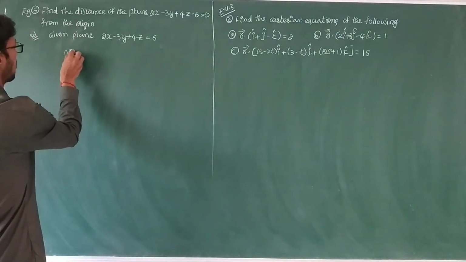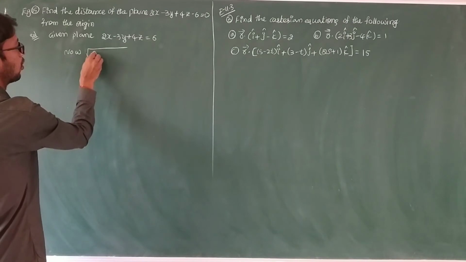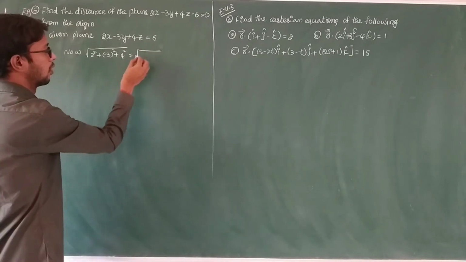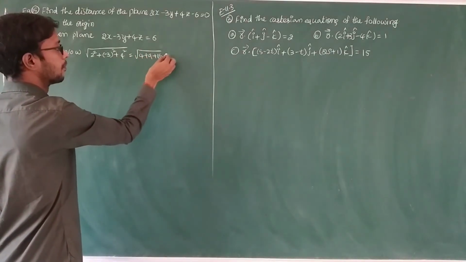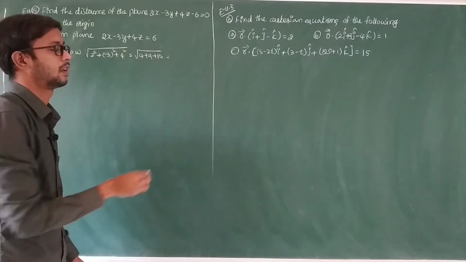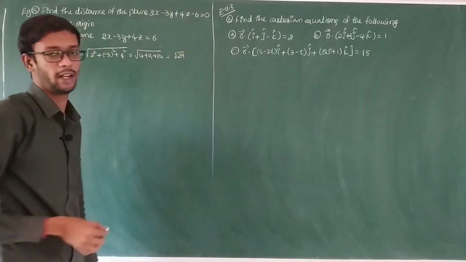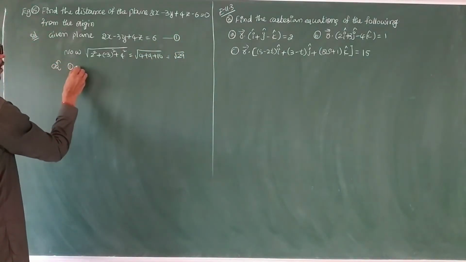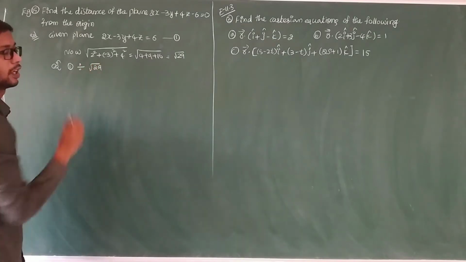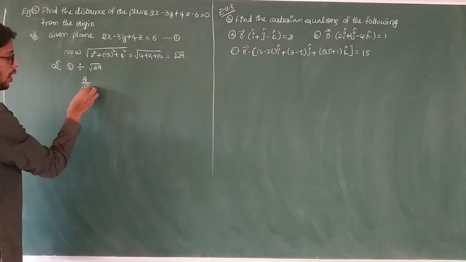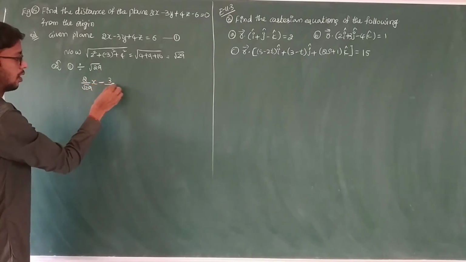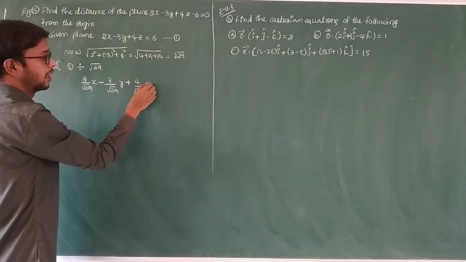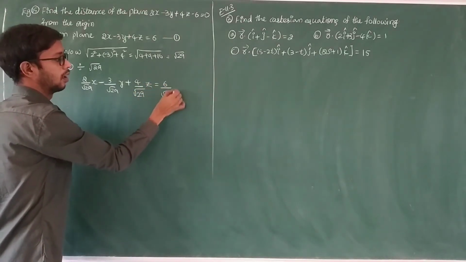Now you have to find the square root of 2 square plus (minus 3) square plus 4 square, which is the square root of 4 plus 9 plus 16, that is root 29. Equation 1 divided by root 29: 2 by root 29 x plus minus 3 by root 29 y plus 4 by root 29 z is equal to 6 by root 29.